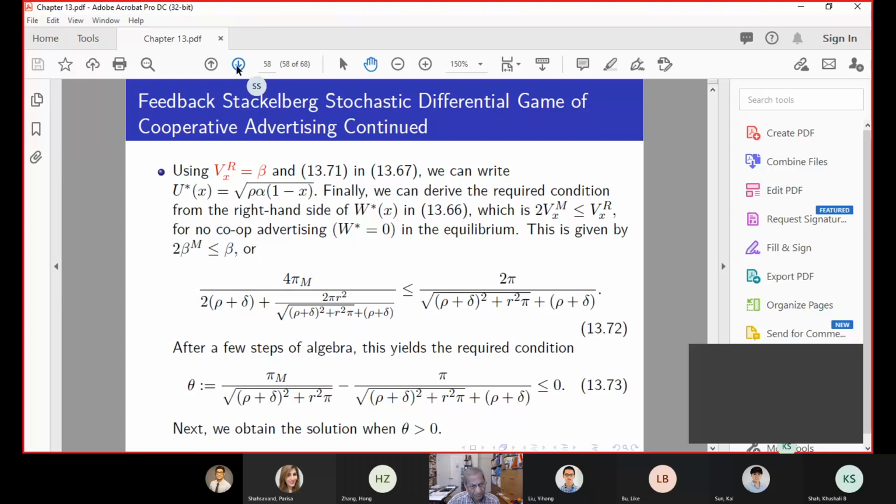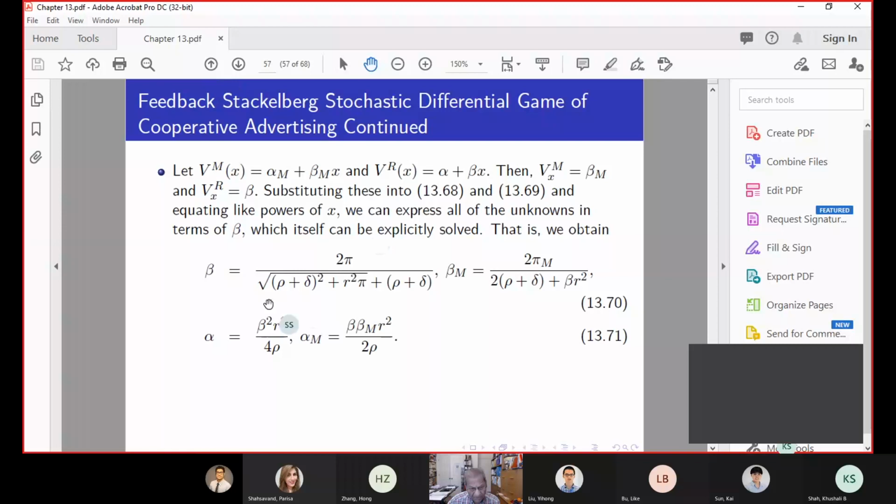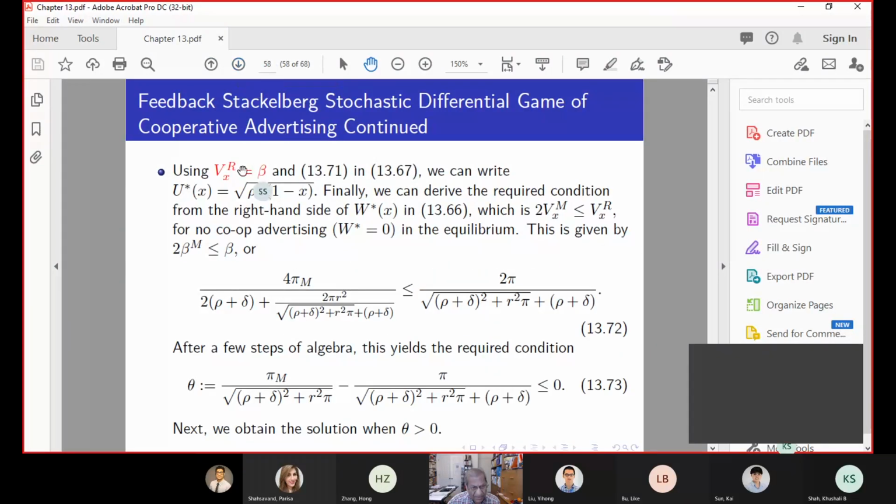So, here's what's going on. Using this, we can write U star and W star, and we know that the condition for W star equal to 0 is this condition.